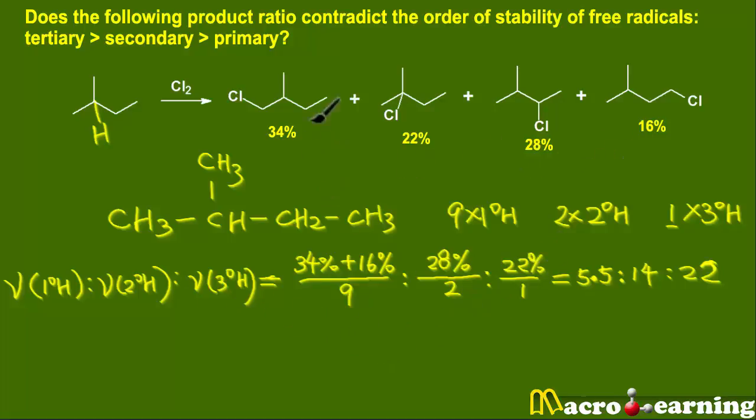At first it appears that the ratio contradicts the order of reactivity of different hydrogens, but once we take into account the hydrogen numbers and use those in the correct calculation for the relative reactivity, we get the correct ratios, which do agree this time with the supposed stability of the free radical order, or as we mentioned, the order of reactivity of different types of hydrogens.